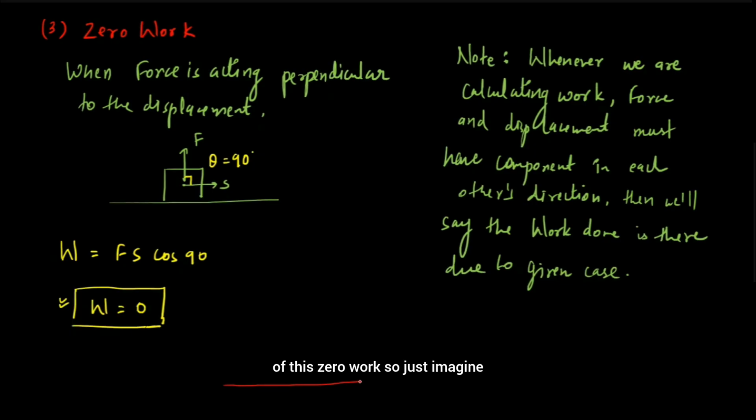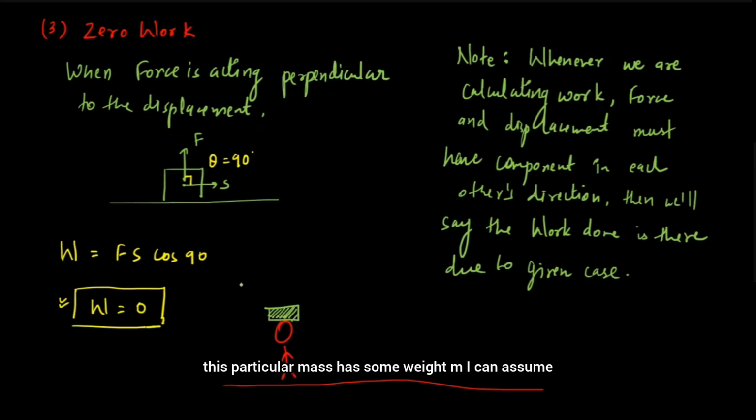So just imagine there is a person and he is carrying something over his head. This particular mass has some weight mg, I can assume, and the most important thing is that the person is moving in the forward direction.